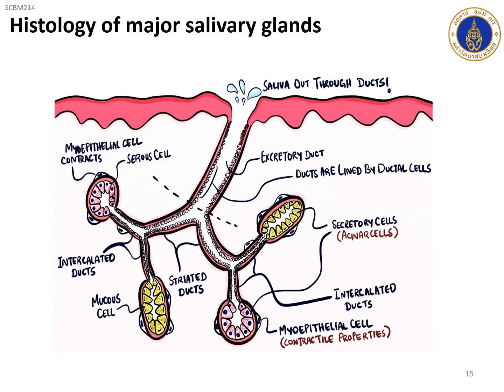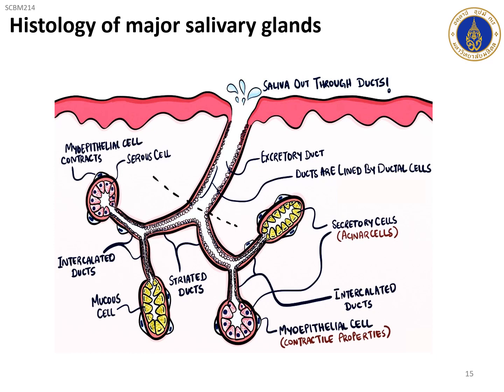The salivary glands are formed in similar characteristics to the exocrine pancreas as the compound tubuloacinar glands. The gland consists of the salivary acini that can be only serous acini or a mixed type of serous and mucus acini.